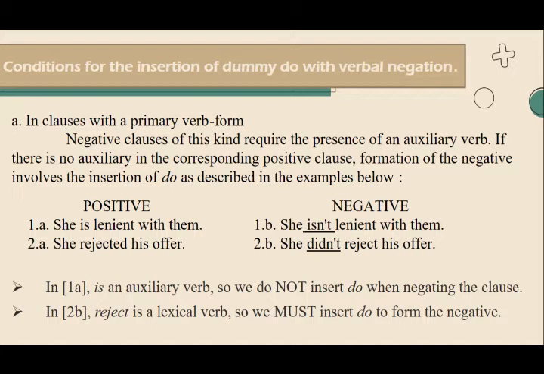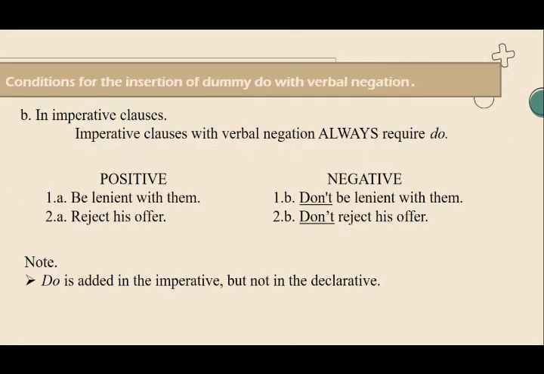So as you can see, in the first example, in 1a, is here is an auxiliary verb, so we do not insert do when negating the clause. While in the second example, in 2b, reject is a lexical verb, so we have to insert do to form the negative.